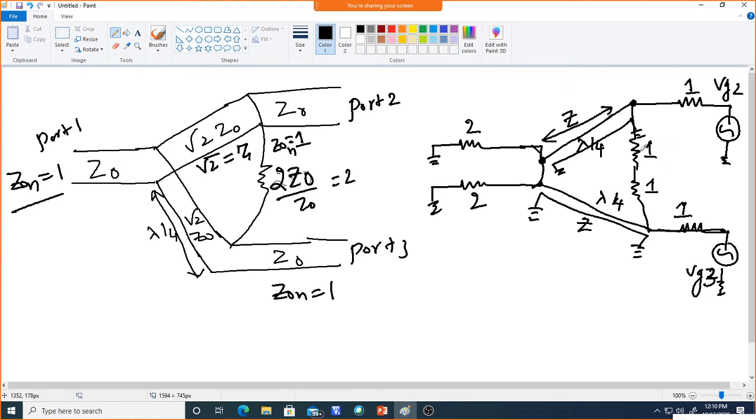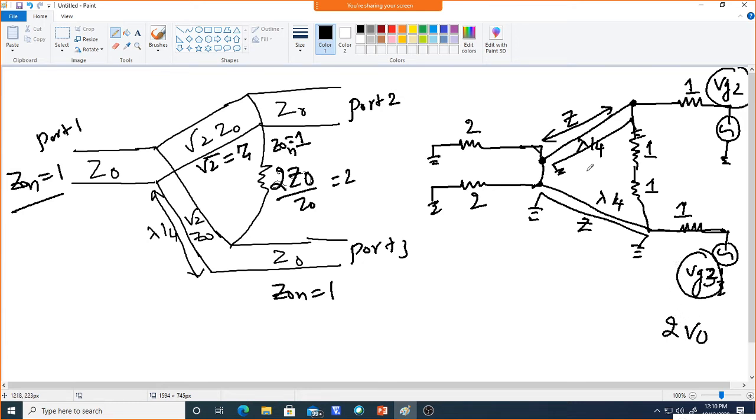If you add it in series, you will get the normalized value 2. So now this is the normalized circuit. And if you want to analyze with the even mode analysis, now whatever VG2 and VG3, you have to give the same voltage 2 V0, which is having the same magnitude and same phase.